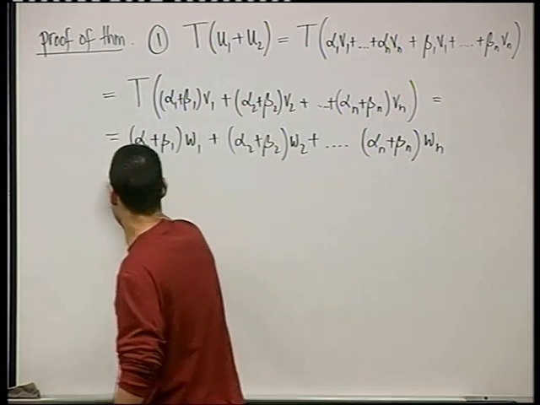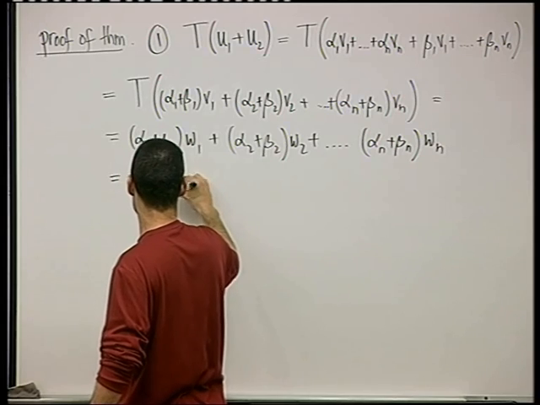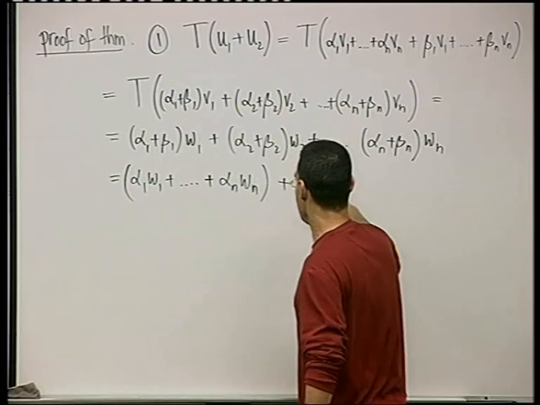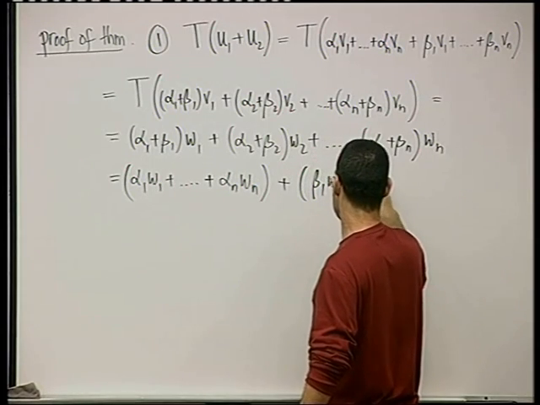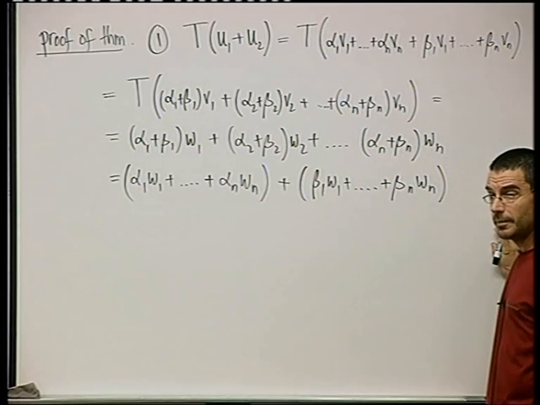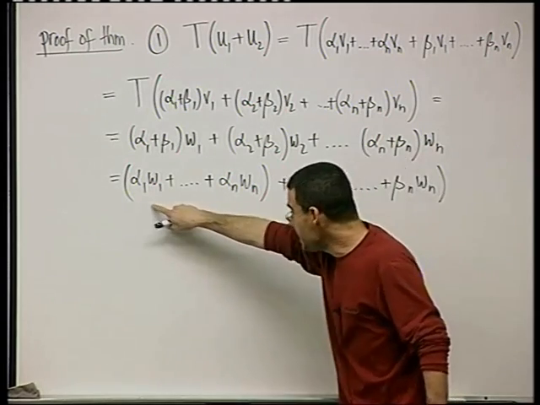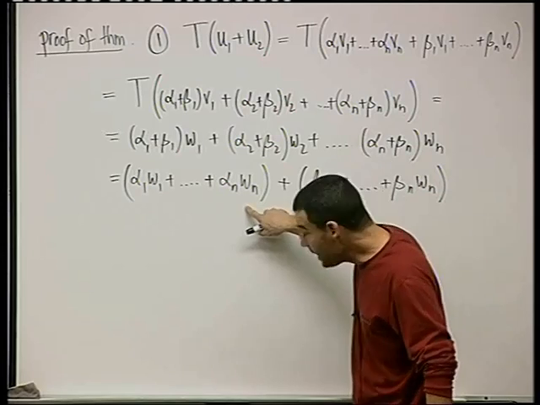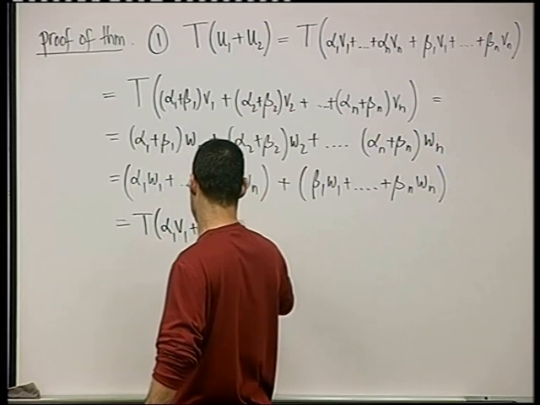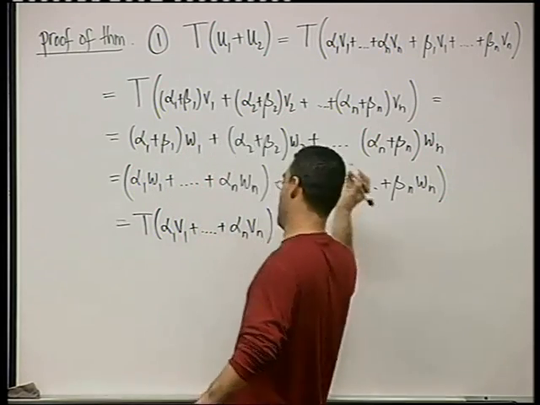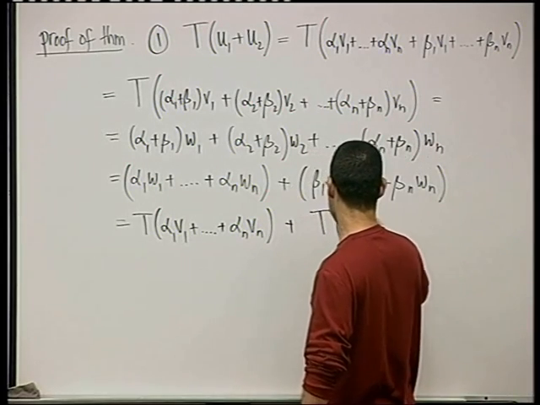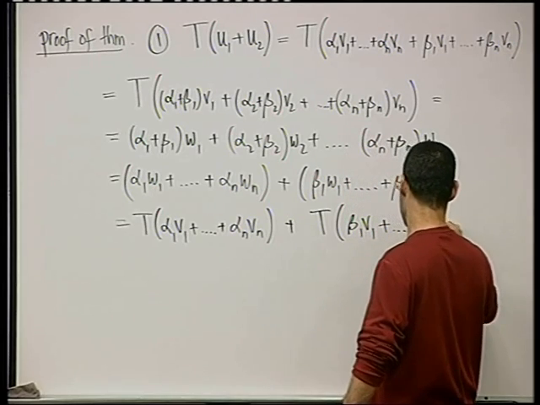Now this I can break as alpha 1 w1 plus alpha n wn plus beta 1 w1 plus beta n wn. Right? And this is precisely T of alpha 1 v1 plus alpha n vn. That's how T is defined. Do you agree? Plus T of beta 1 v1 plus beta n vn.